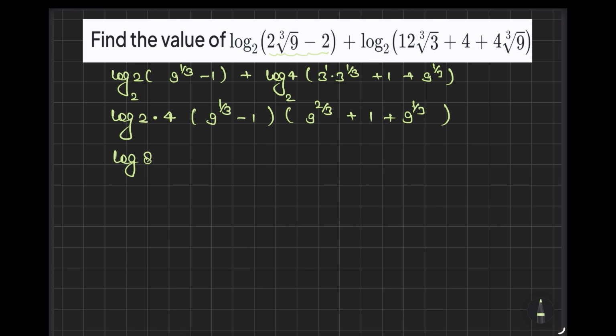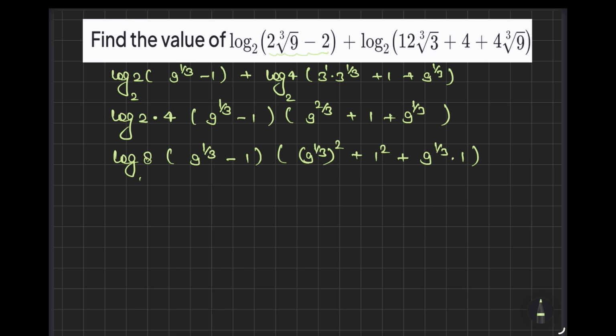Log 8, so 9 power 1 by 3 as a minus b, then 9 power 1 by 3 whole square, so a square plus b square plus ab, 9 power 1 by 3 times 1.